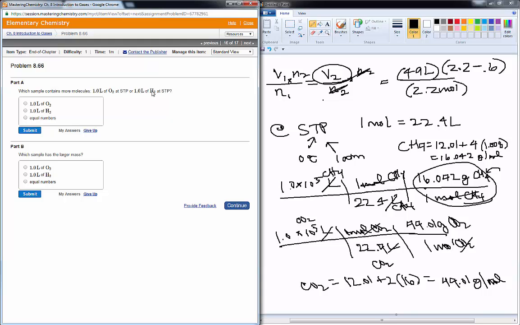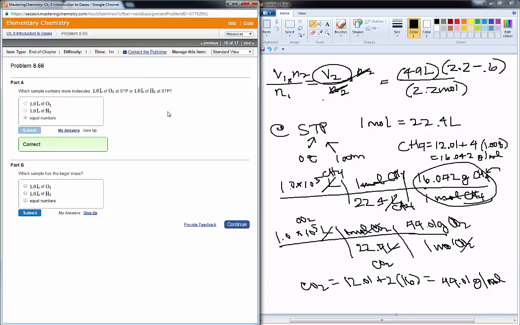What we need to remember is that volume is directly related to number of moles. So if I have the same volume, then I have the same number of moles. Which is kind of wild considering how much bigger oxygen is than hydrogen. But it's the same concept we just illustrated here. Whether it's CH4 or CO2, even though this weighs 3 times as much, I'm holding the same amount.